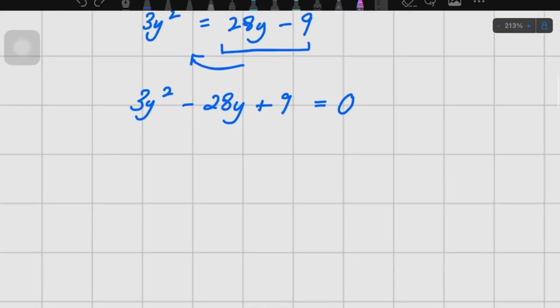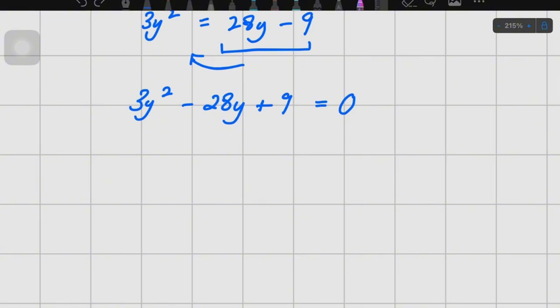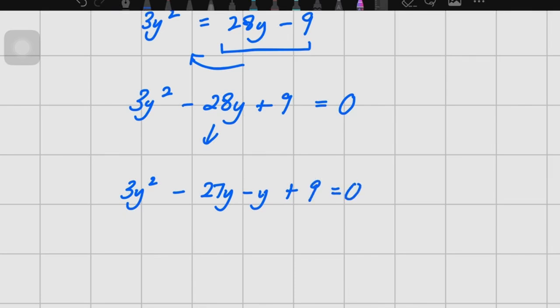So to solve it, we should factorize it, but 28y we cannot factorize it using the usual method. So we factorize it using numbers that we can factorize. So 3y squared minus 27y minus y plus 9 equals to 0.